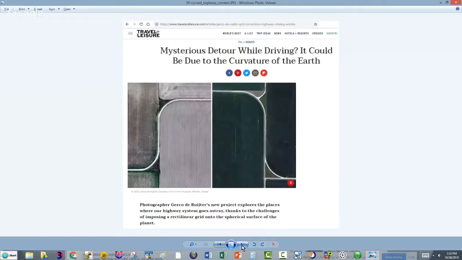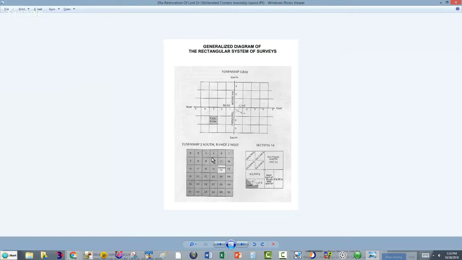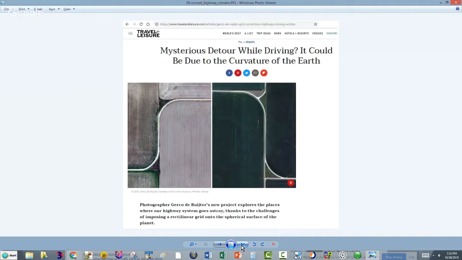This is an interesting website talking about where some of these corners come together and why. And of course, it's because these north-south lines are converging, you see. So the distance across the bottom of a state or township is going to be larger than this distance, because these lines are literally converging as you go northward.